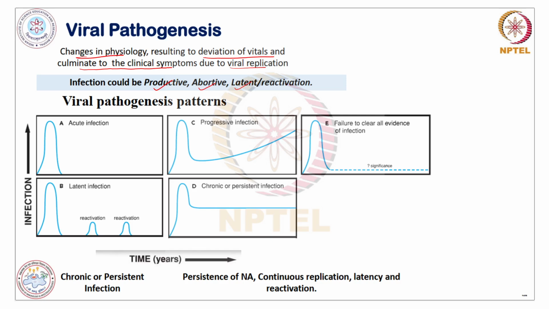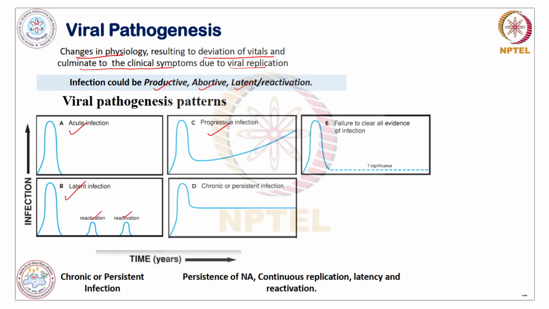This infection can be acute infection where the onset is rapid and it is for a short duration, and it can be latent infection where the virus lies dormant for a longer time after the initial infection. Then it can reactivate multiple times, like there will not be a single time for infection. It can be latent, and after some time, it can reactivate again and again.